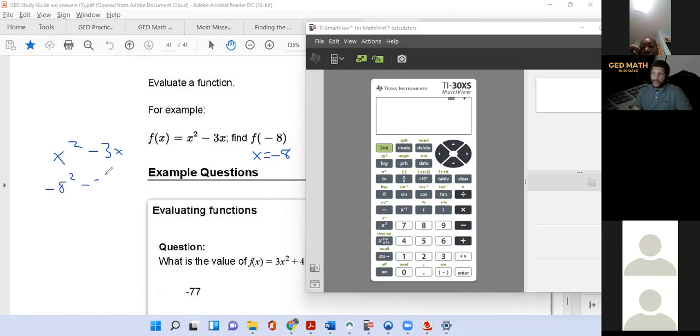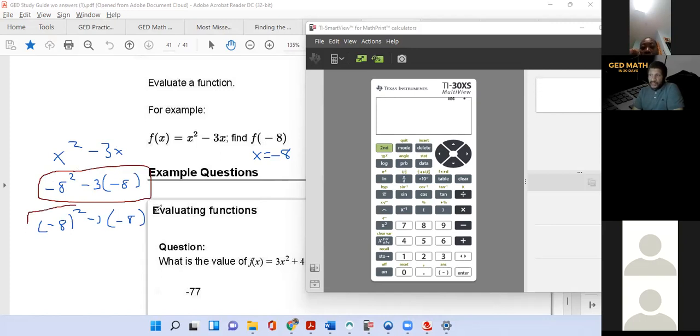So my question for you: are these two different options that I have on the screen, minus 8 squared minus 3 times minus 8, the same as minus 8 in parentheses squared minus 3 times minus 8? Are they the same thing?